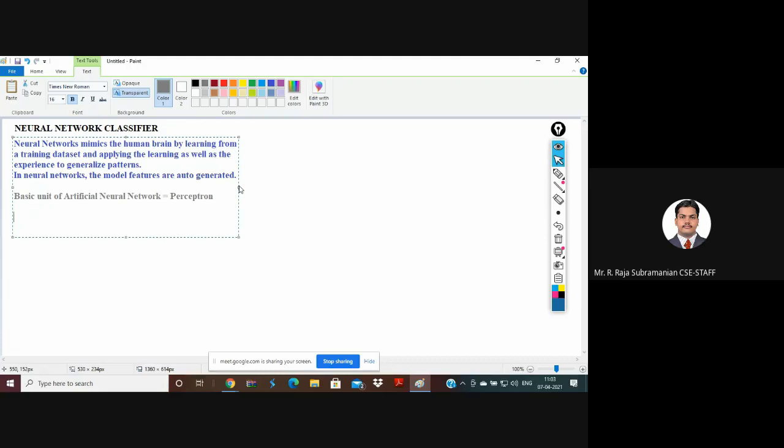Let us first understand the structure of the artificial neural network. An ANN is a network of interconnected neurons. These neurons can be inputs, hidden layers, outputs and so on, and we can understand how these neurons are interconnected. It is inspired by the biological nervous system.